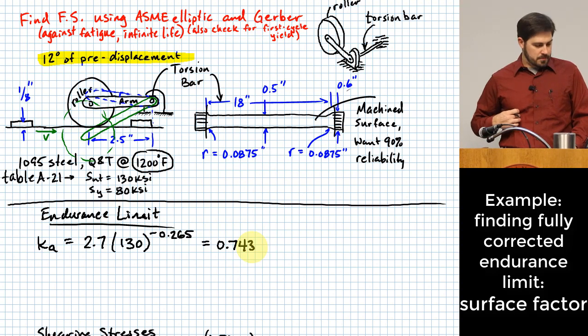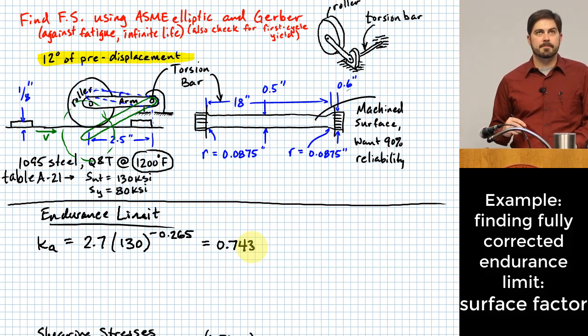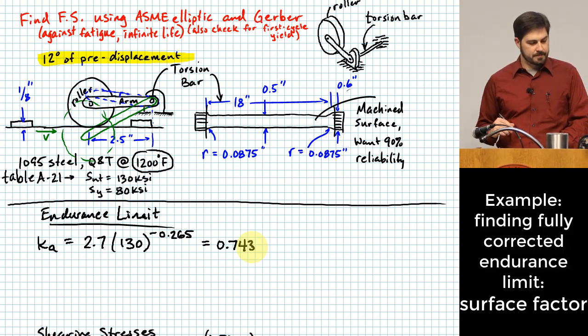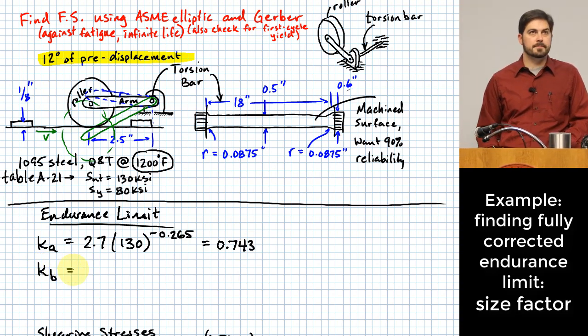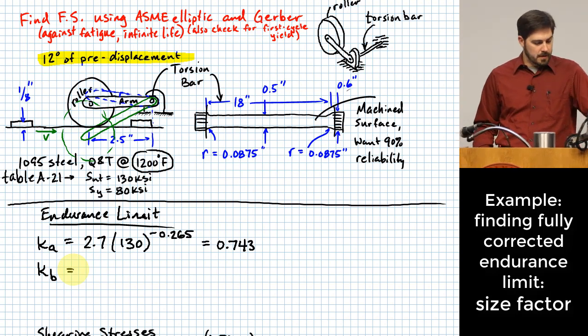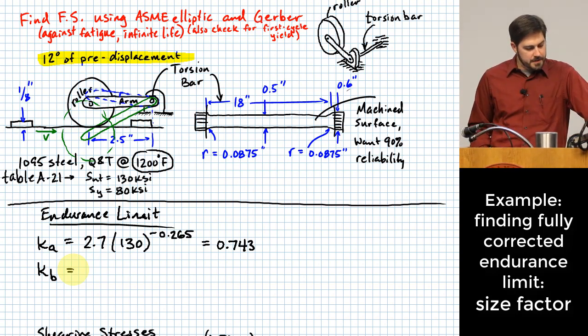All right, what about K sub B? For K sub B, we have basically a similar kind of stress distribution as you would have with rotating bending.